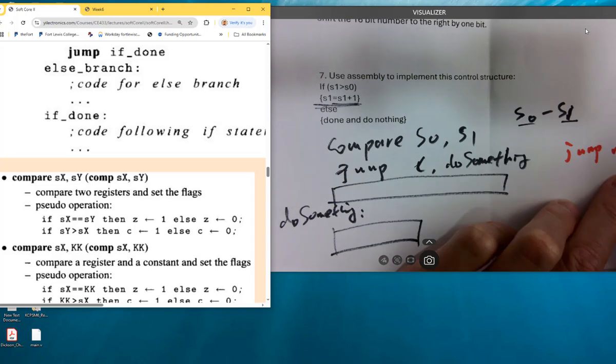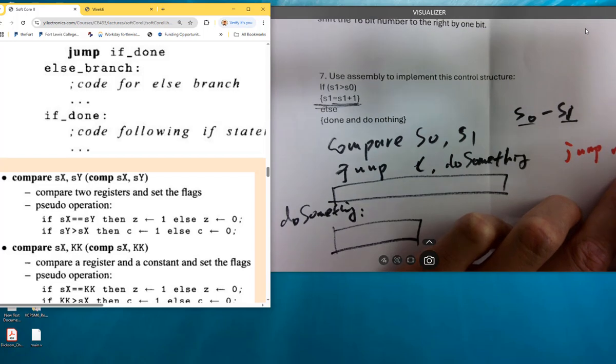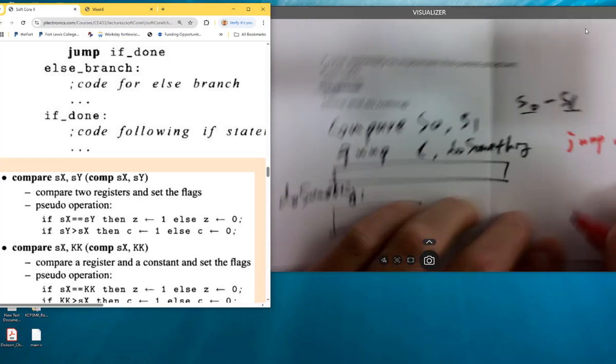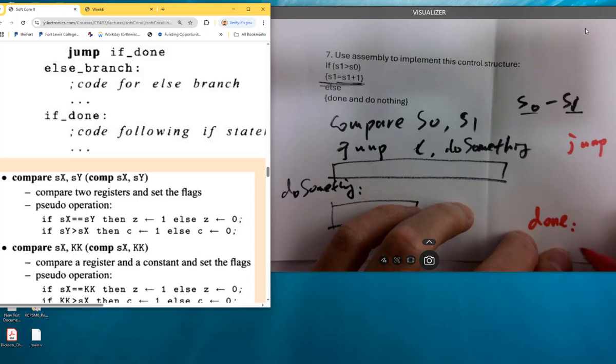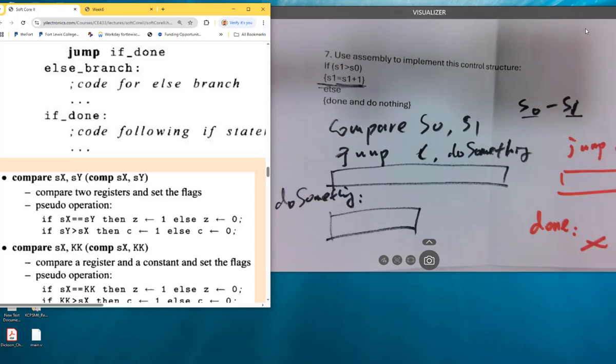If they're equal, which is fine, right? So it's jump NC to where? Like done, or a loop that does nothing. And otherwise, you just add it. Cool. Great.